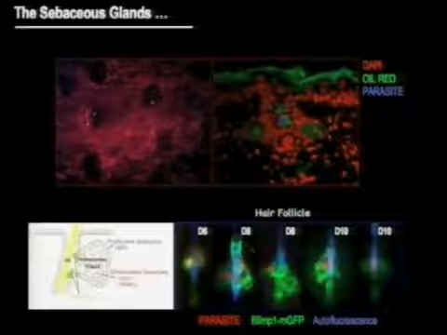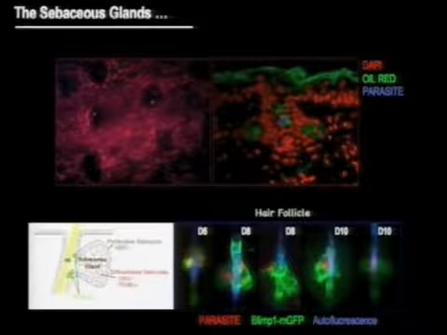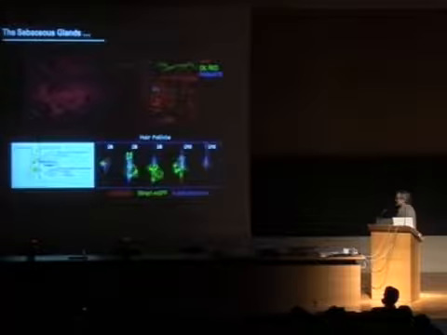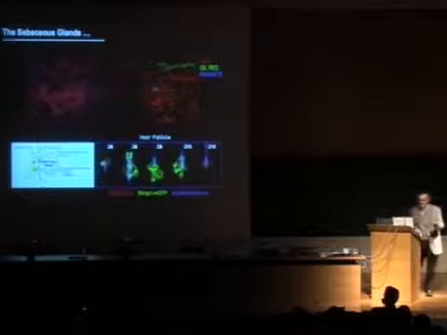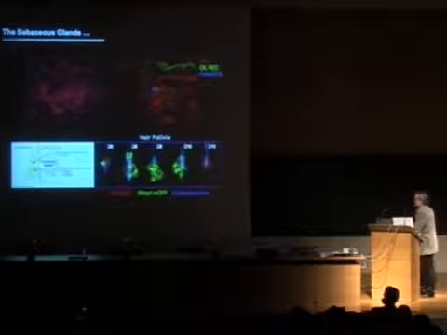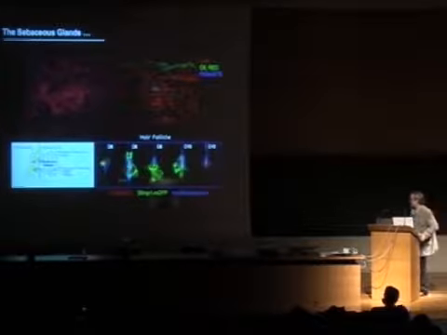They give rise to the sebaceous gland. And when you infect these mice with red parasites, you see clearly that there's some sort of colocalization. So we don't know, obviously, if the parasites are located inside these stem cells or simply in the differentiated sebocyte, but there seems to be something here that the parasite truly likes.